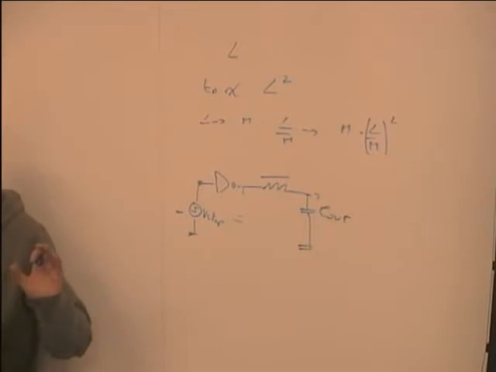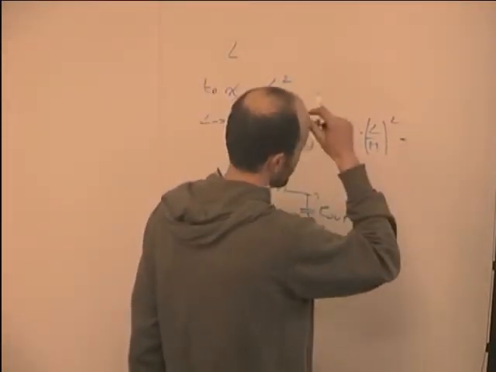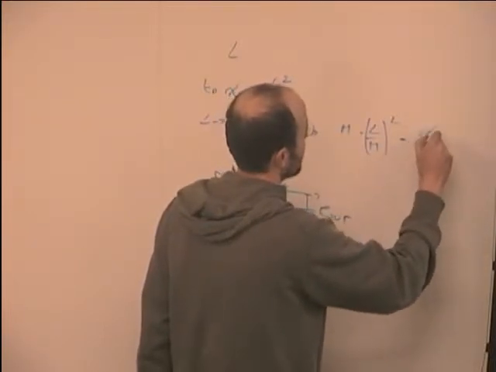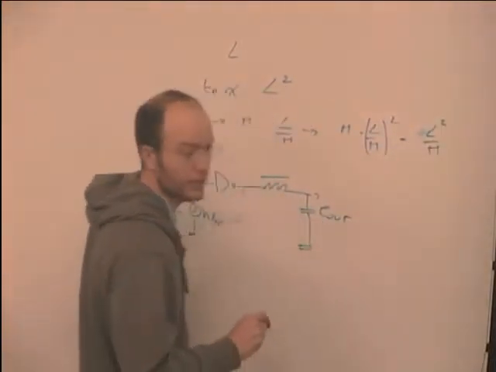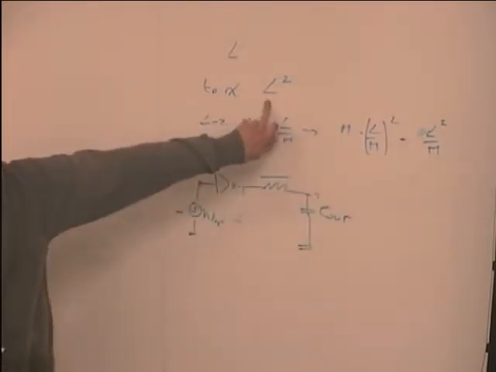This is like step 0. So from this, you get the total delay is actually L squared over m, or in other words, it's m times smaller than in this case.